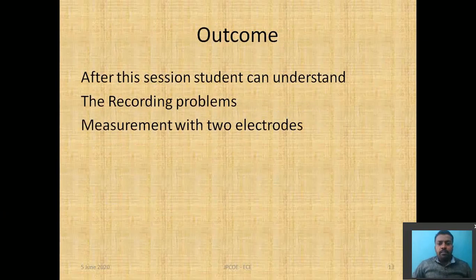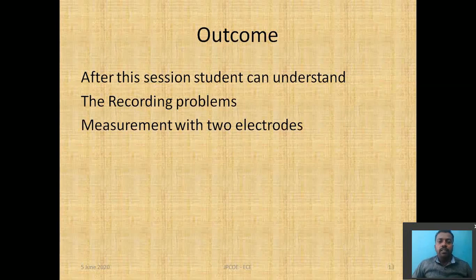In this session we have studied measurement with two electrodes and the recording problems. Recording problems mean noise, and how noise is present due to chemical activity. To avoid the noise, we have to select a proper electrode material, a proper coating, or a proper electrolyte.